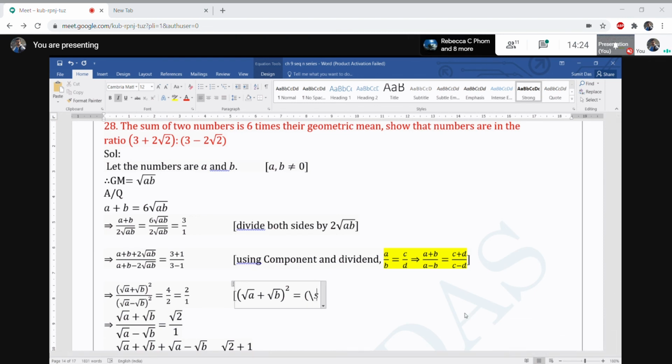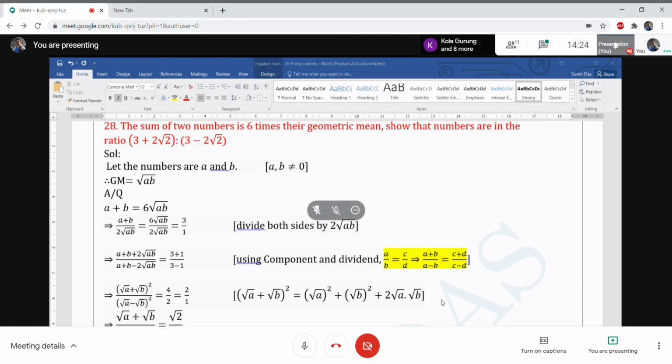Here a is square root of a, whole square, plus b square. What is b here? Square root of b, plus 2 into square root of a into square root of b.